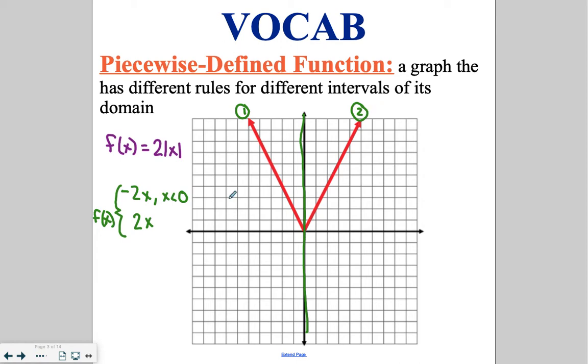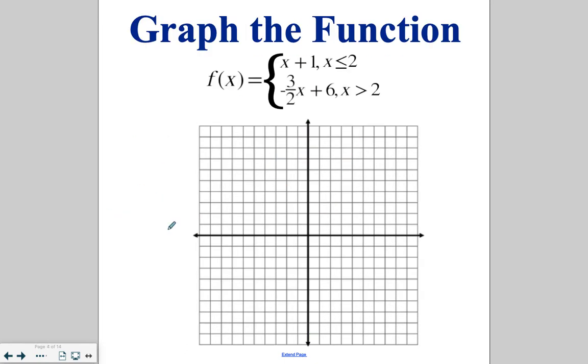The second part is happening when the x values are greater than or equal to 0. It's going back up after we hit that x equals 0 mark. So the absolute value function can be broken down into a piecewise function. It's two different parts. So the first thing we're going to talk about is how do we graph these.